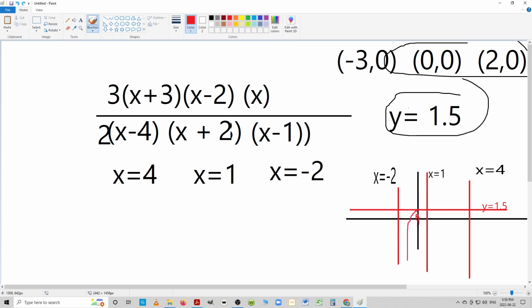Or it might do this, but I'm going to guess that it goes through for a very specific reason. So 0, 0 is one spot. 2, 0 is between this asymptote and this asymptote. So it's going to go through 2, 0 right there. It's going to be closer to this one there, like that. So I'm going to say it's safe to say that this comes up, and it's probably going to go down.